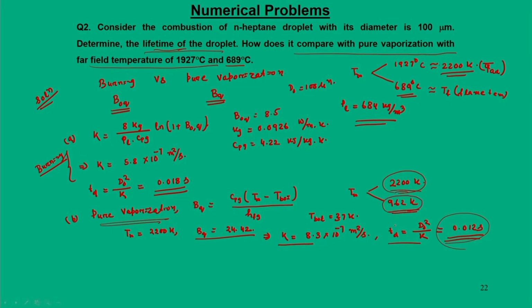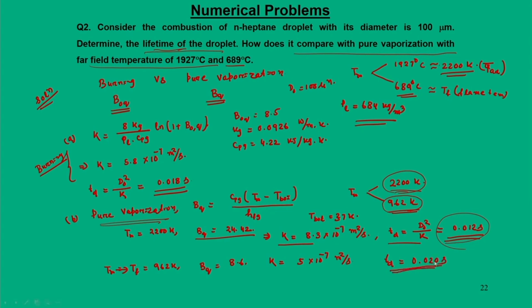So instead, if T infinity is close to Tf, that is 962 Kelvin, we can find BQ as 8.6, K would be 5 into 10 to the power minus 7 meter square per second, and Td will be 0.020 seconds.